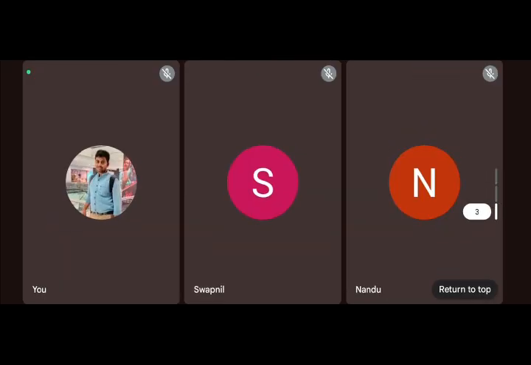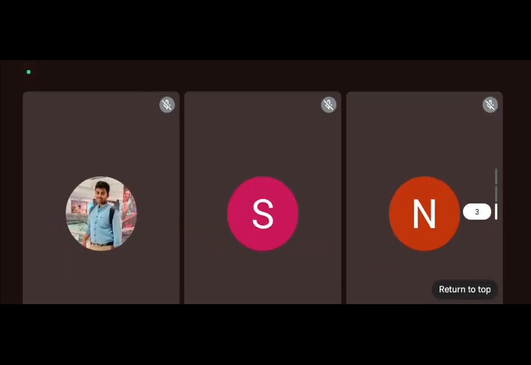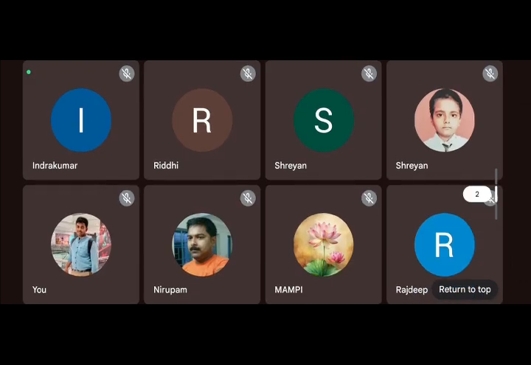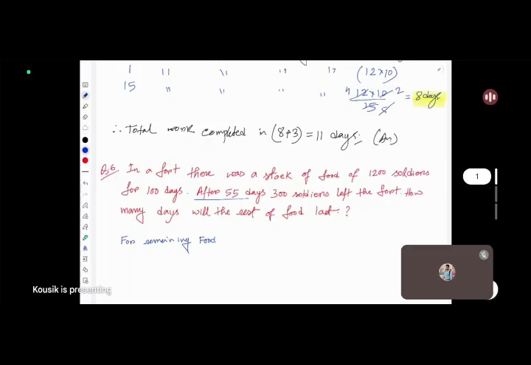Who raised a hand? For the remaining food after 55 days. After 55 days, there is some remaining food.